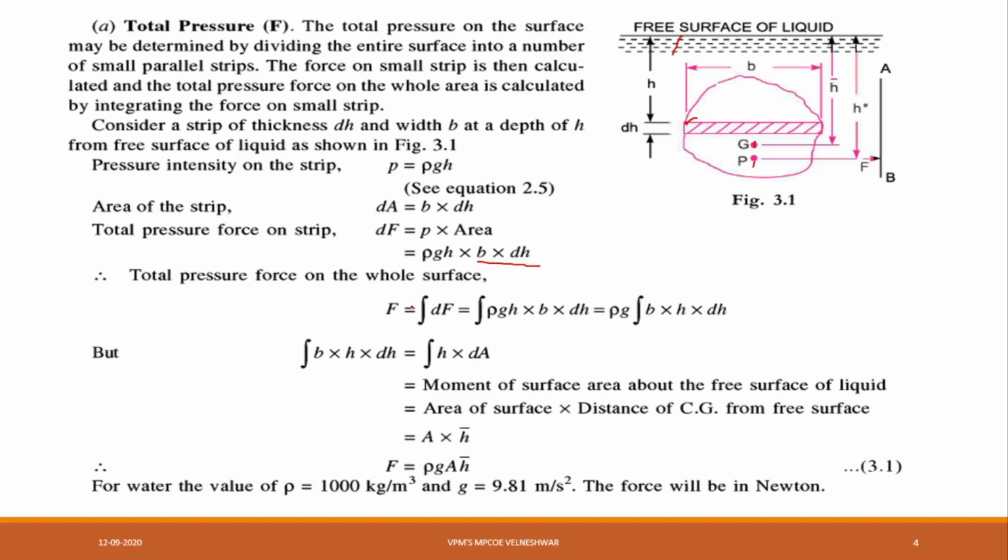Now, for the total force on the whole surface, we already have dF but I want the exact F. So integrating, F is equal to the integral of dF, which is equal to the integral of rho g h into b into dh. Here rho g is constant because the density of the liquid is constant, whether it is mercury, oil, petrol or water.